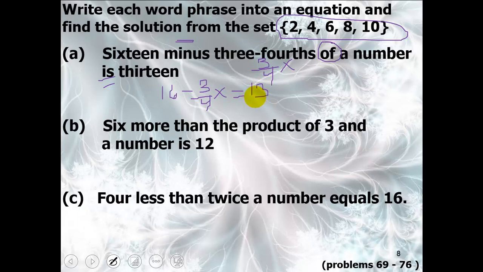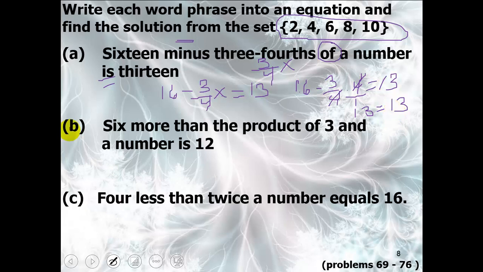If I plug in a 2, I have 3 times 2 is 6 over 4. I'm only subtracting off 1.5. That's not going to get me to 13. What if I plug in 4? Look at what happens. I have a 4 in the denominator and a 4 in the numerator that cancel. So I end up with 16 minus 3. Well, that's 13. So 13 equals 13, just like that.